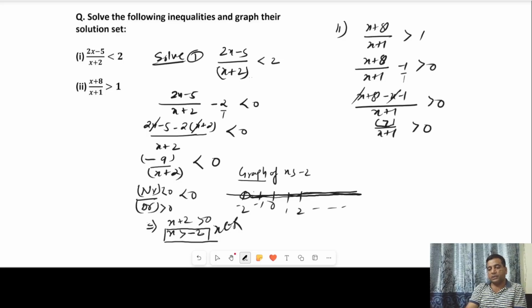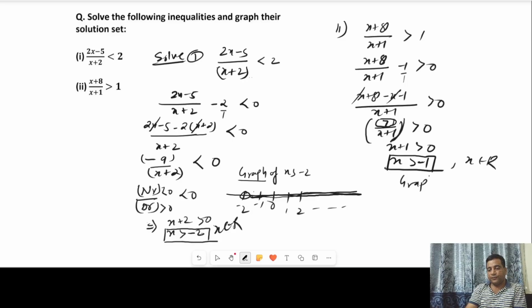Because the numerator 7 is positive and the whole fraction is positive, the denominator must be positive, meaning x is greater than minus 1. It's your solution, and x is real.